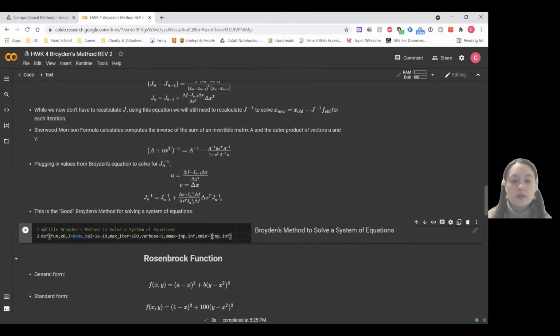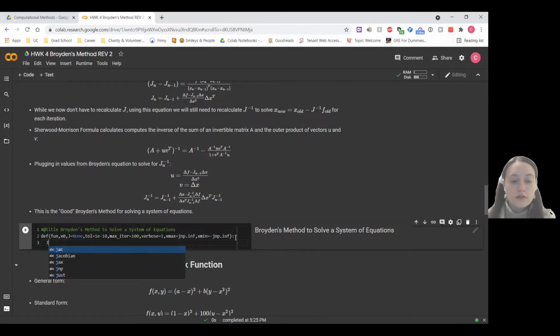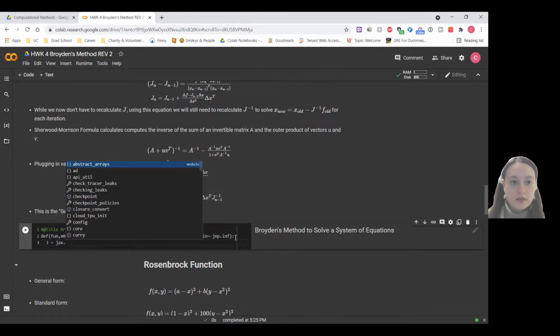And I've now switched over to using jax.numpy instead of numpy, because we're going to use the automatic differentiation feature of jax to automatically calculate our Jacobian the first time.